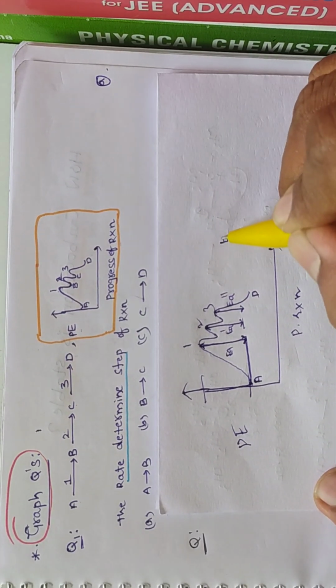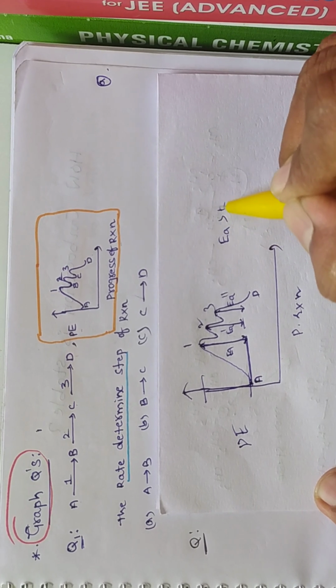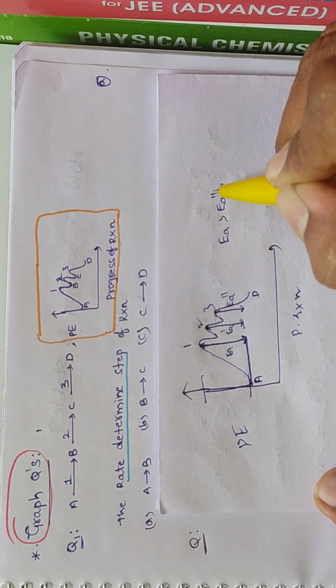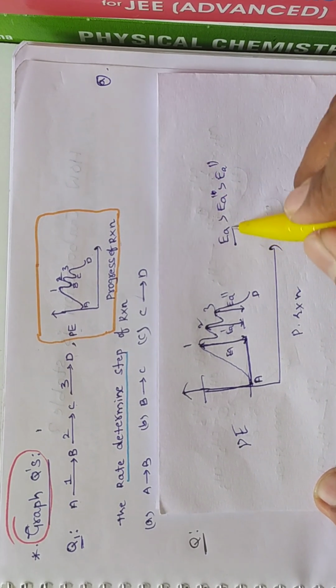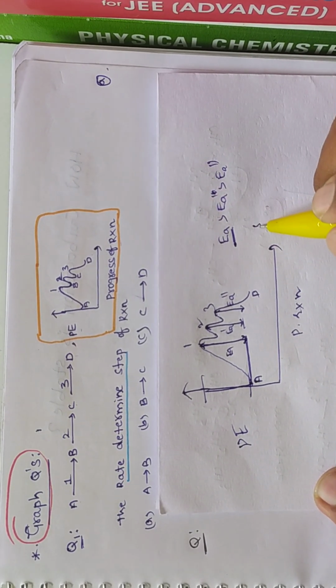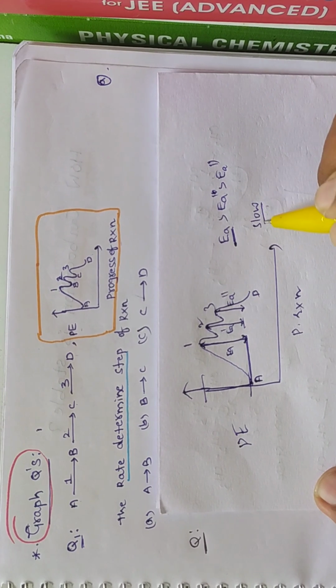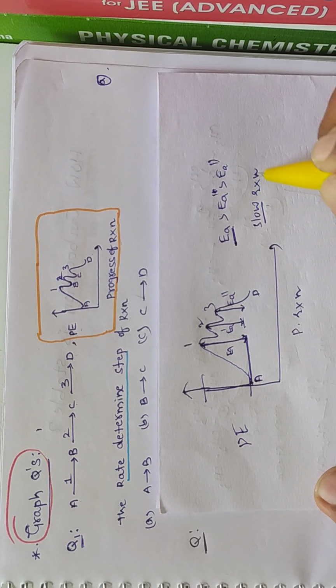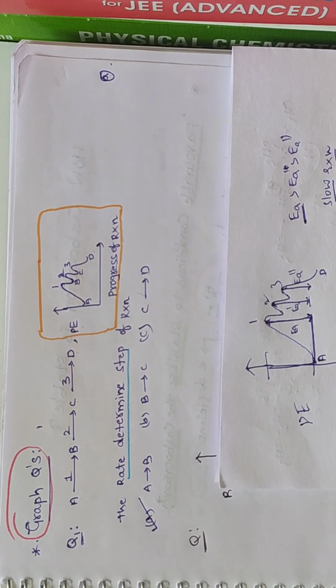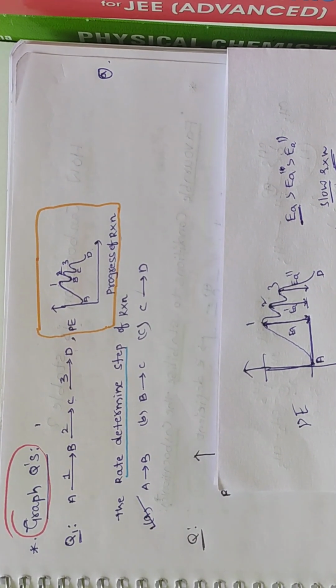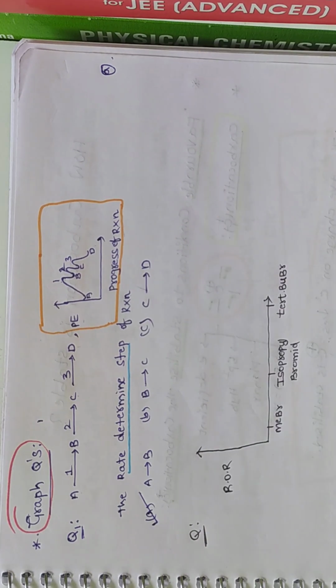More is the activation energy, the slower is the reaction. So A to B has the more activation energy, therefore it is the slowest step.